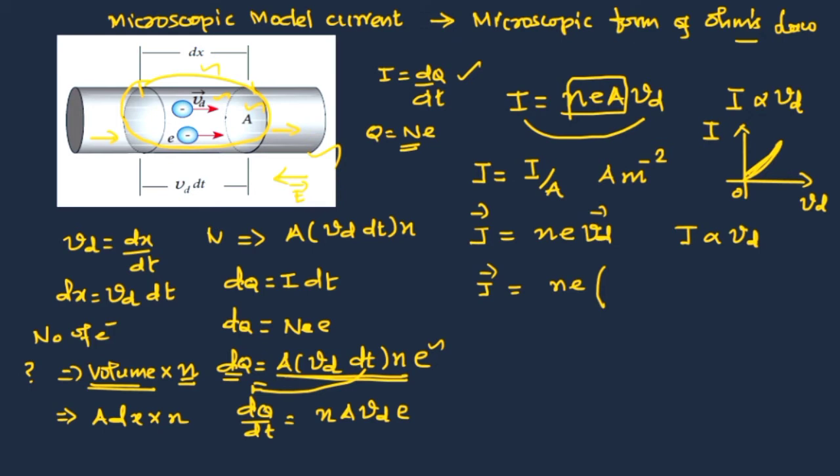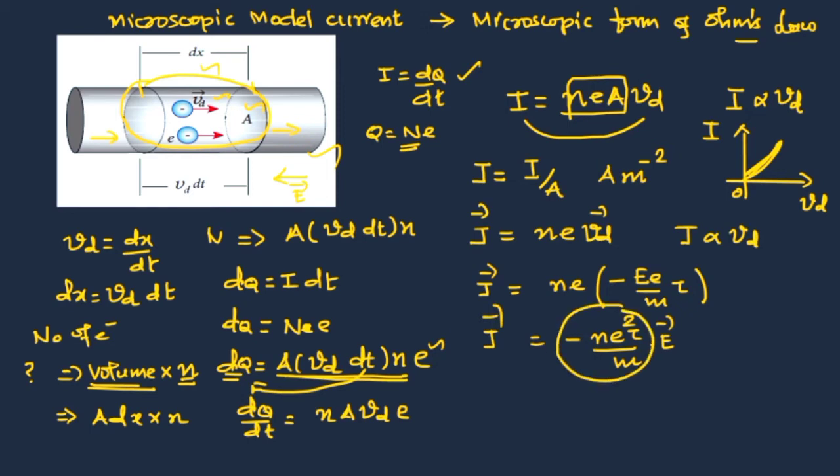So drift velocity is minus, because acceleration into relaxation time, so E by m into relaxation time tau. So together you will get minus n into e square, then tau divided by m, all are constants, into this electric field. So this whole quantity can be taken as the constant without minus.